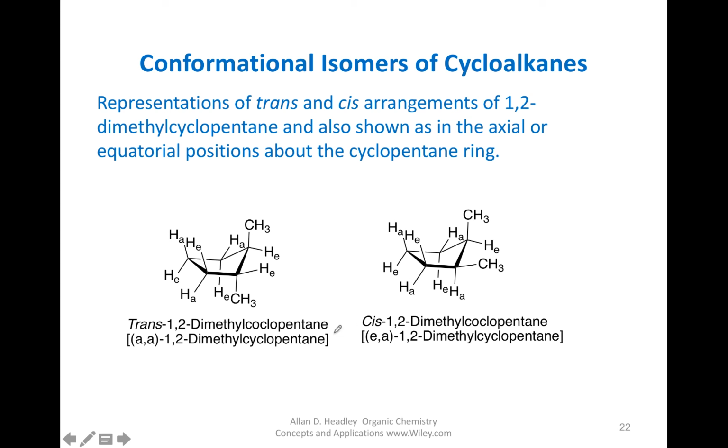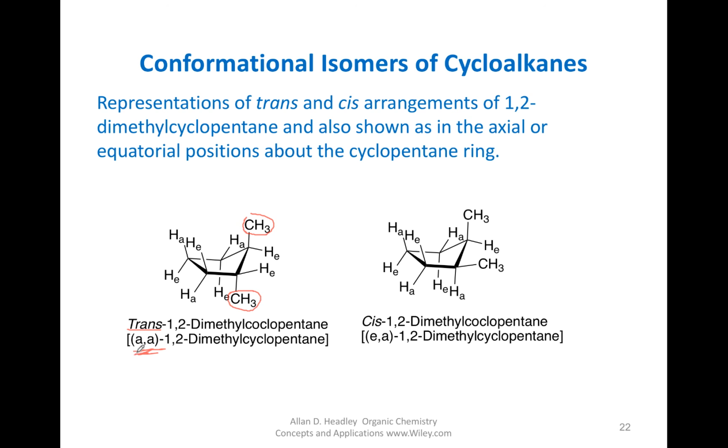So let's look at this. Now we have two groups bonded. Here's a methyl group, and here is another methyl group. You will see that these two methyl groups are in the axial position because they're above and below the plane. So we have that as the trans 1,2-dimethylcyclopentane.